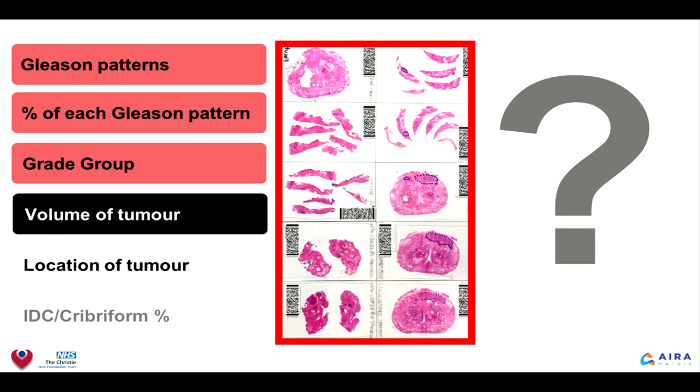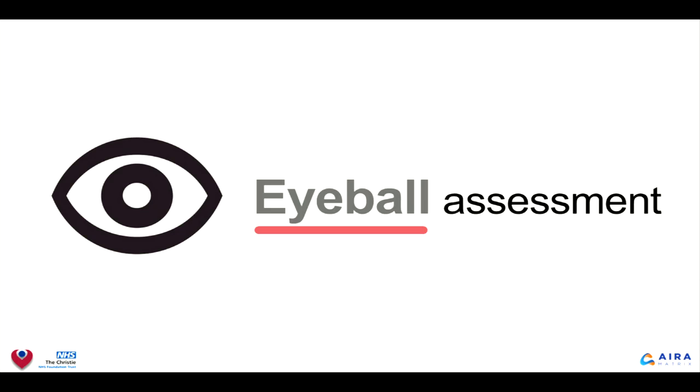So the question is, what is the methodology that we pathologists use to achieve the results that we need to express in our document for the clinician? As you are aware, we use eyeball assessment. We just look through the microscope at the slides.